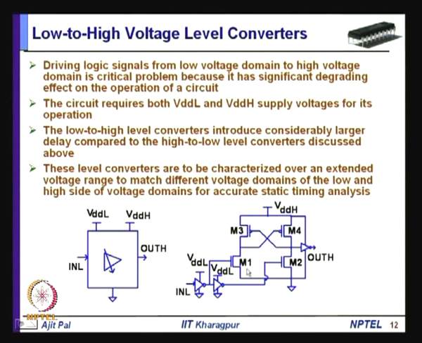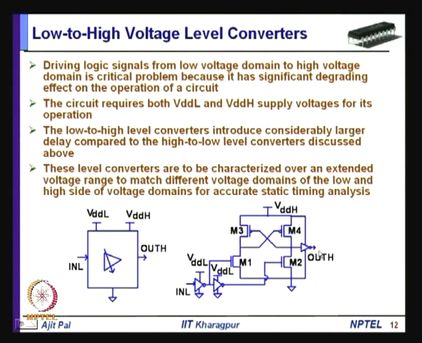That means, when the input is low, you get output low, but since this particular inverter has a supply voltage VDDH, the output will correspond to the high level. Similarly, when this input is high, this output is low and this output is high. This output being high means this transistor will turn on. This will make this particular MOS transistor turn on, and this will make this point high, and that will turn it off, and as it turns off, this voltage will be low, and you will get output low.